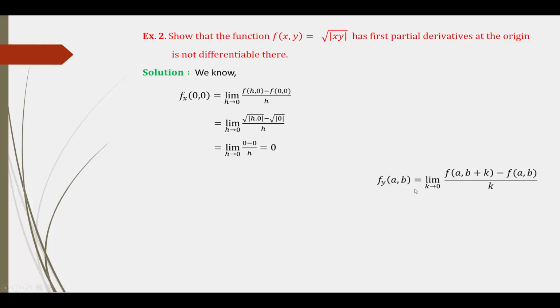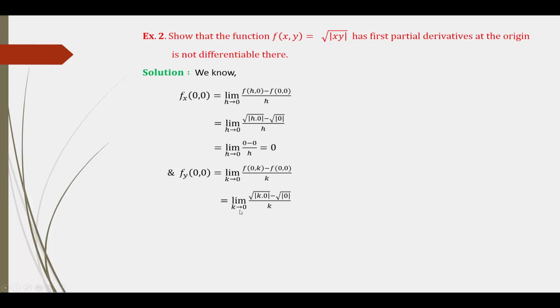Now find out fy(0,0). We know the definition: fy(a,b) equals the limit as k tends to 0 of f(a, b+k) minus f(a,b), upon k. So for fy(0,0), put a = 0, b = 0, so the limit as k tends to 0 of f(0, 0+k), that is f(0,k), minus f(0,0), upon k. Put x = 0, y = k.